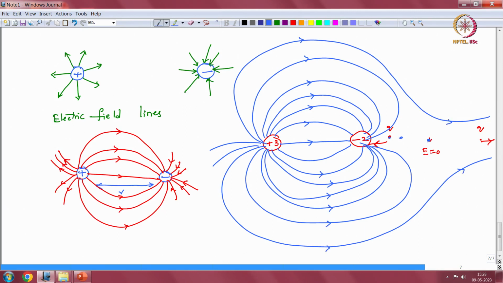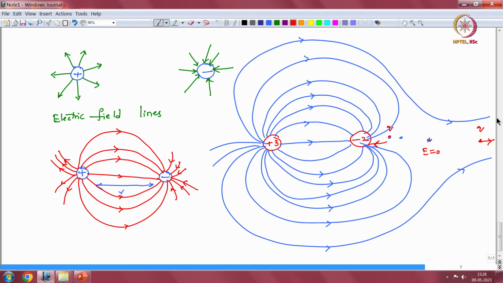Here the electric field is 0 at some particular point where you will not see any flux lines. Okay. And after that, if I place a test charge far away, depending upon the +3 charge dominance, we will see the flux lines flowing out. Okay. So, these are the basic principles with respect to electric field lines.